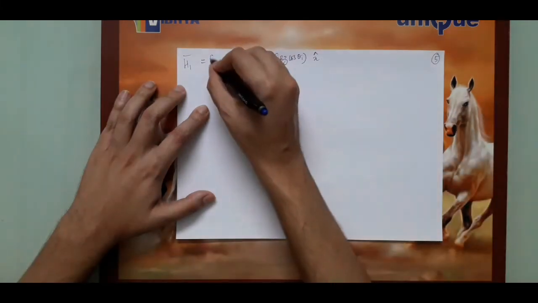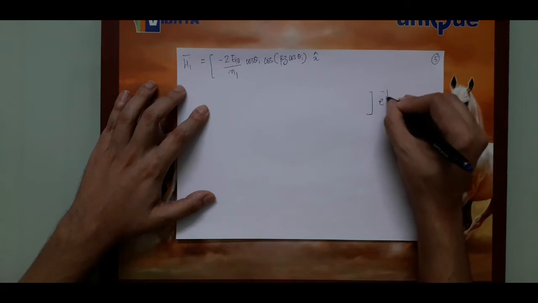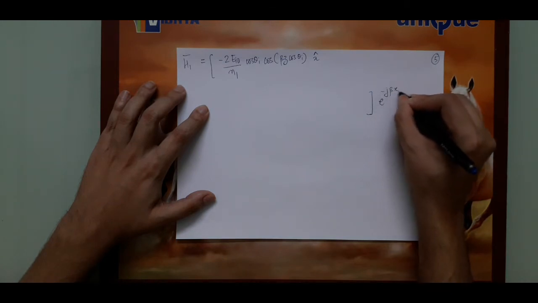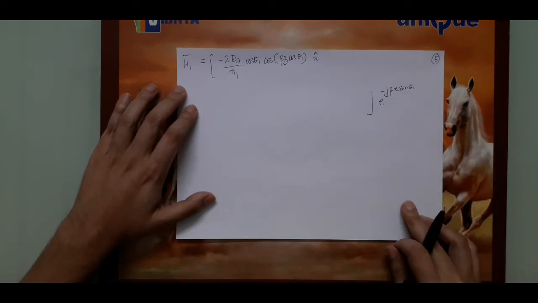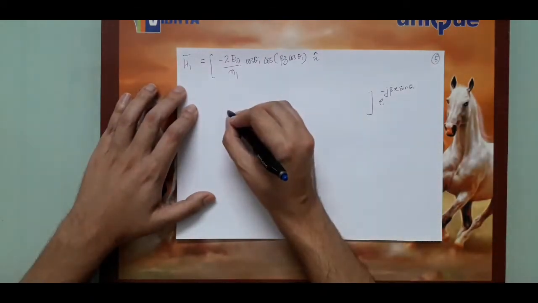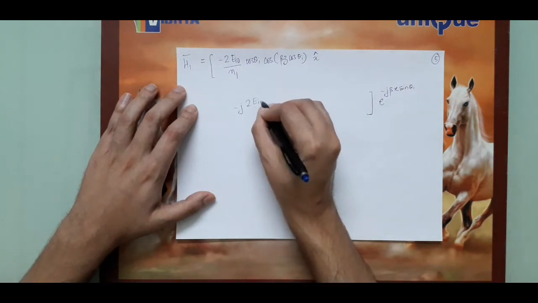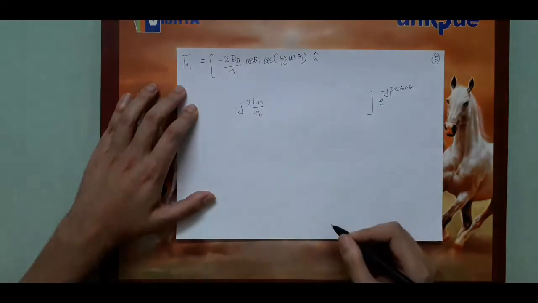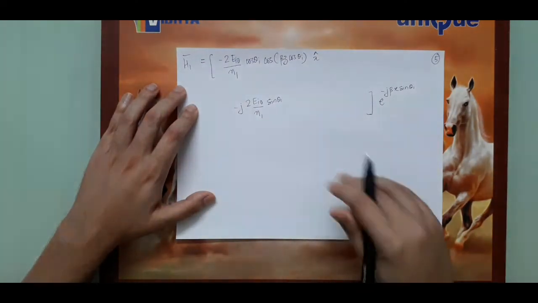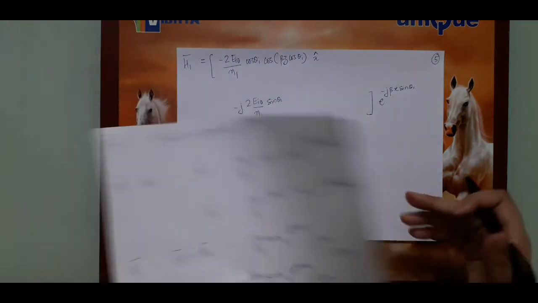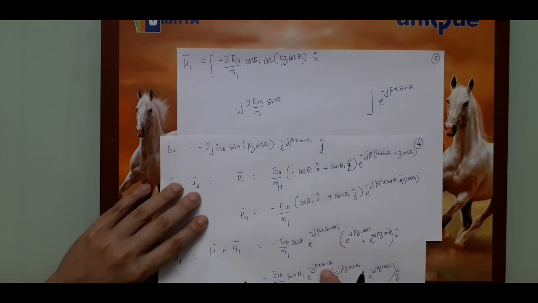Now I am taking the exponential sine component outside, that is e raised to minus j beta x sine theta I. This I have taken as common. Now the second term will be minus j 2 ei0 by eta 1 sine theta I. If you look at this, just try to correlate these two. This term I am taking common.